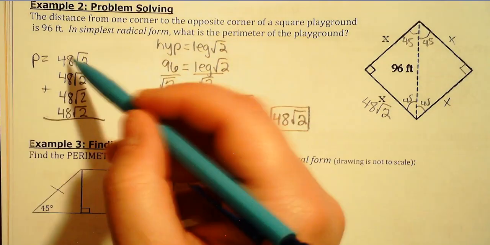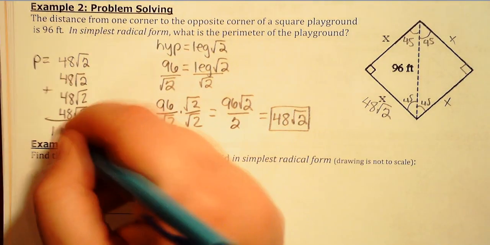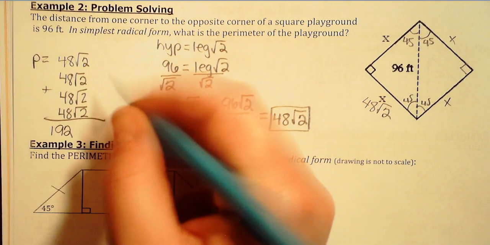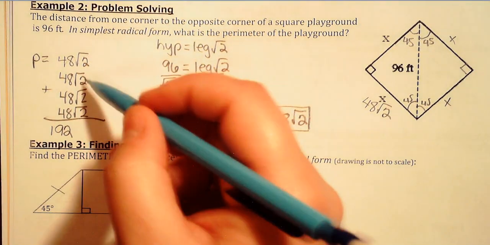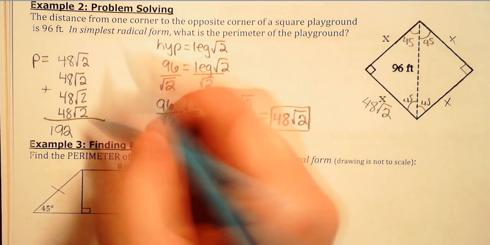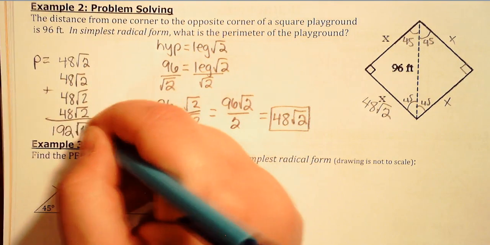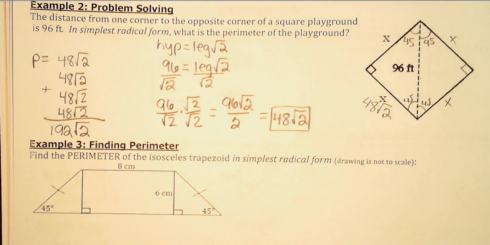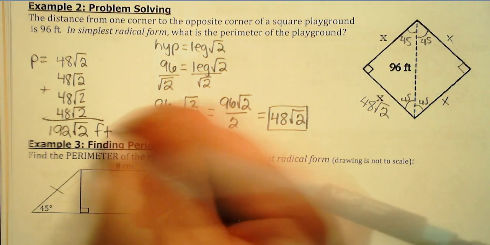So if you add all of these up, you're going to get 192. Now, when you're adding radicals, they have to be like radicals, which they are here, but we don't change what's under the square root. You have 48 radical 2's 4 times, and so that's going to be 192 radical 2 as our perimeter, and we can label this as feet.